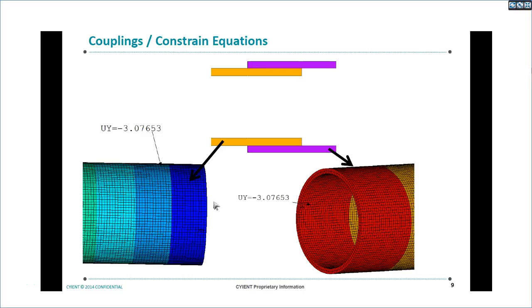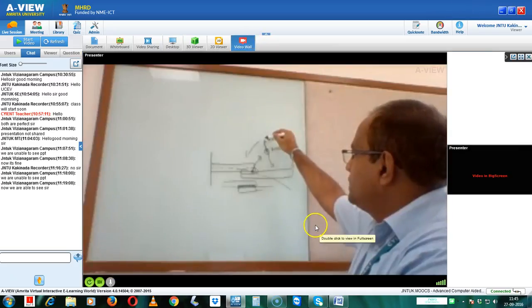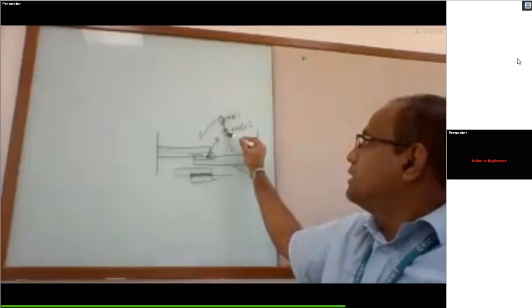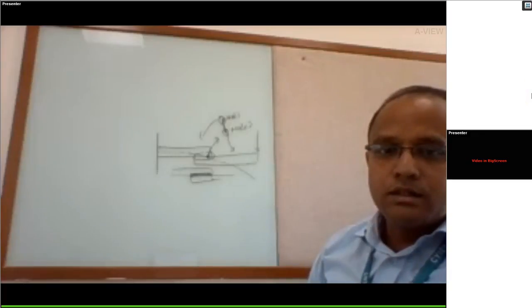It says that the deflection of one particular node should be the same as the deflection of the other node. I have two nodes here: node 1 on this component and node 2 on this component. We put a coupling here. That means the deflection of this node should be the same as the deflection of this node. That is the relation we are imposing by putting couplings.